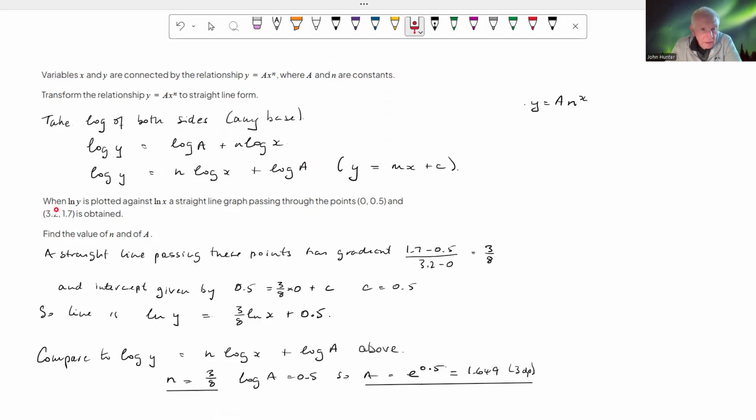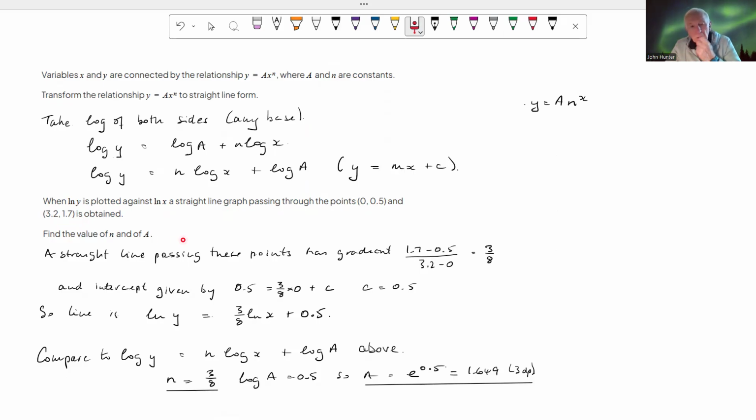Now, as a related question here, when natural log of y is plotted against natural log of x, all right, well, now we're definitely talking about natural log, not any base, a straight line graph passing through these points is obtained. Find the value of n and a.